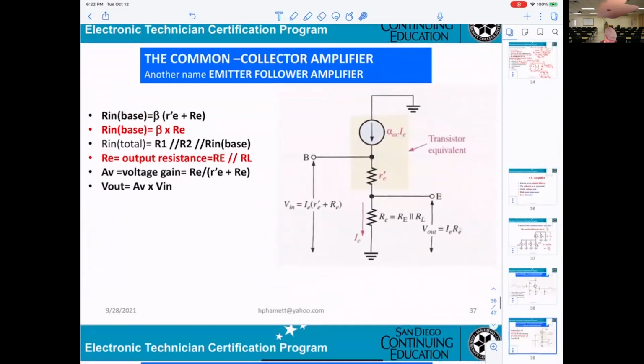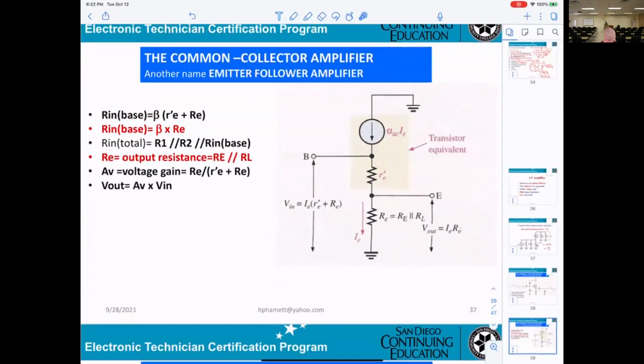Now, this AC model will be easier. Basically this is the base. This is the collector, which will be grounded. That's why it's a common collector. And output from the emitter, right here.